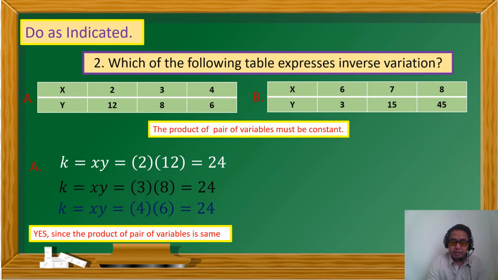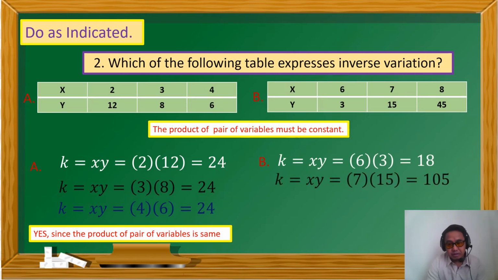Let's check table B. Mentally, or just by looking, can you say if this is inverse or not? Okay, let's try. 6 times 3 is 18. 7 times 15 is 105. So from here, we can already stop, we already know that this is not. But let's continue. 8 times 45 is 360.